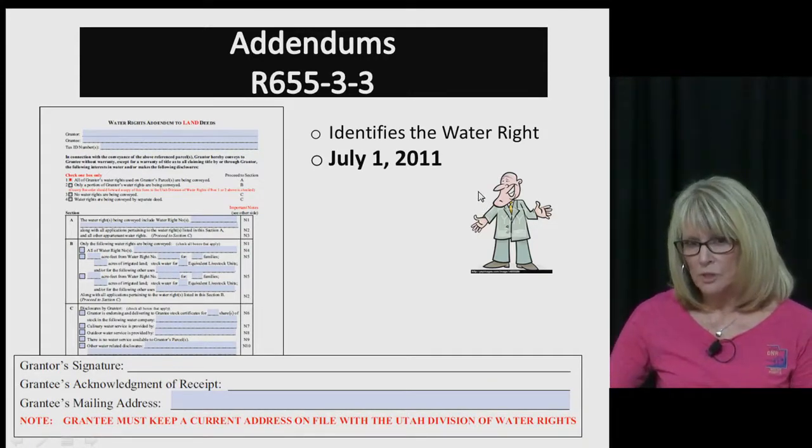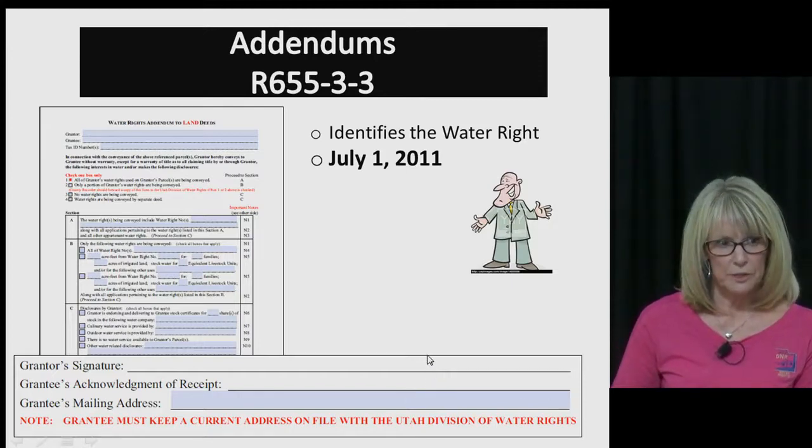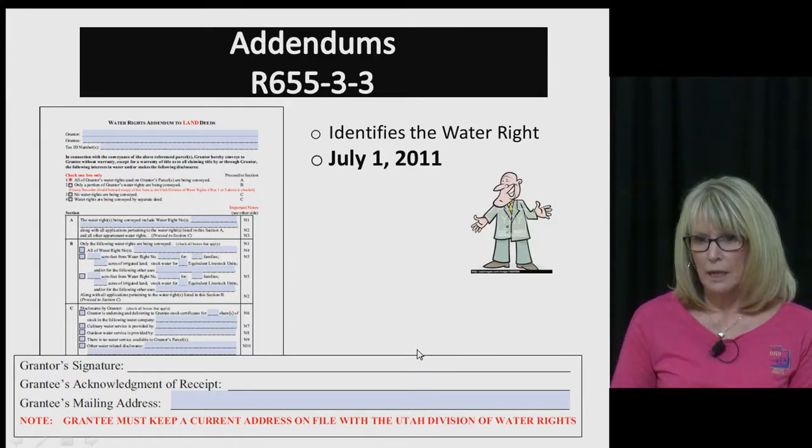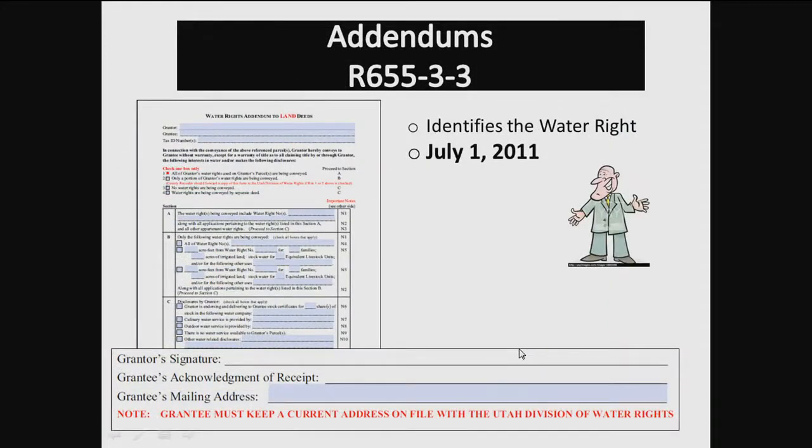First, you need to include all grantors' signatures on that addendum. All grantors that appear on that deed also have to sign the addendum. Same thing with the grantees. All grantees that appear on that deed need to sign the addendum, and also include the grantee's mailing address.